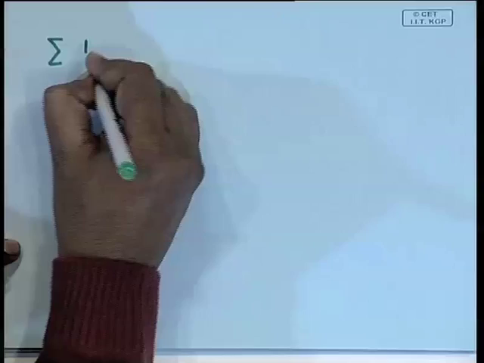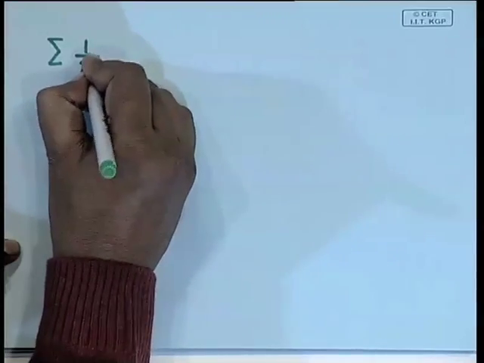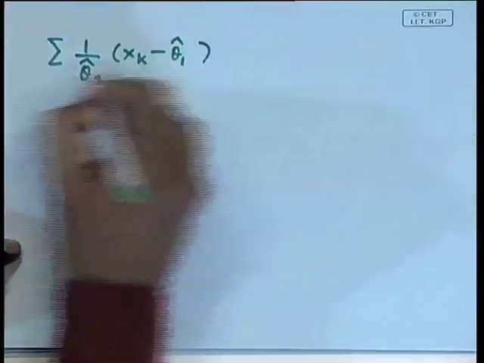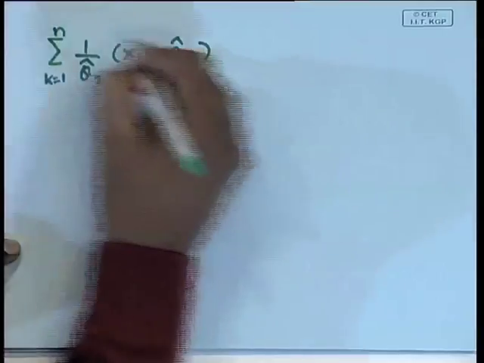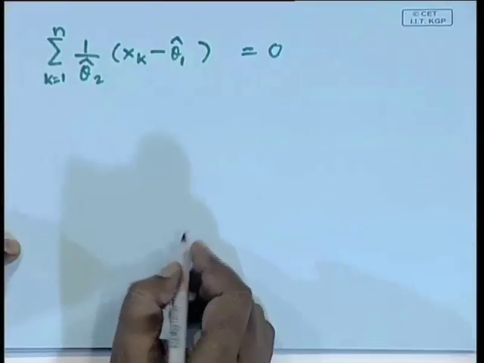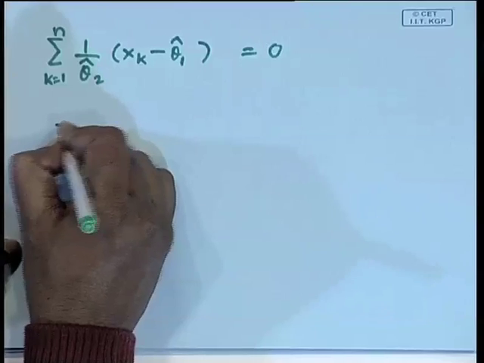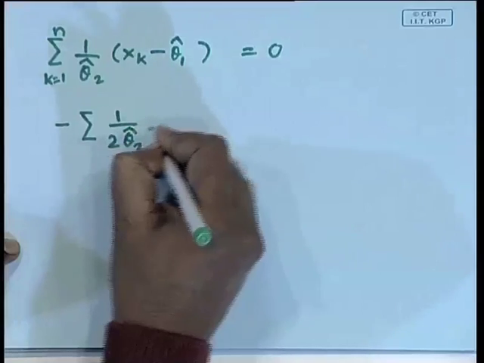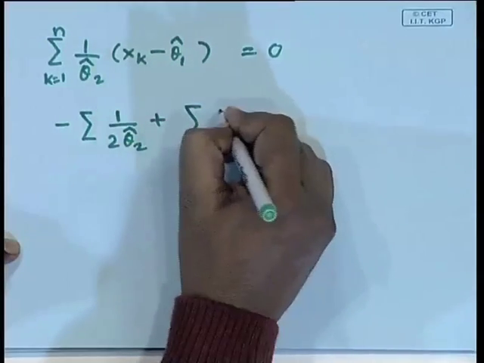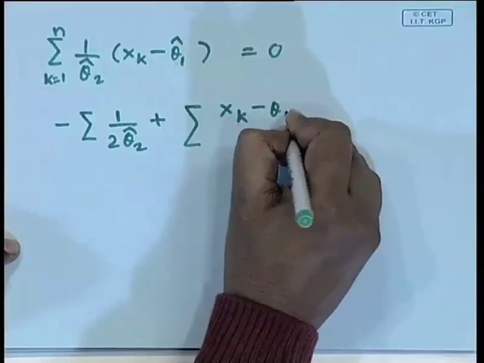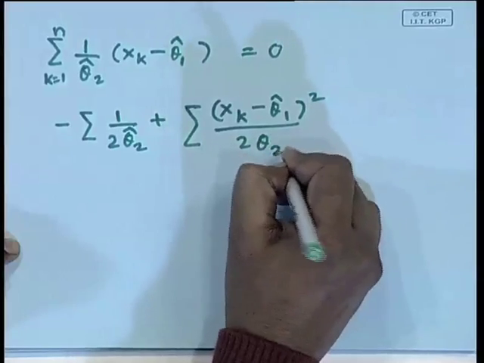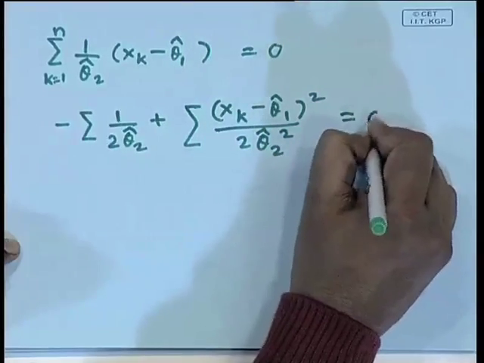So, what I have is summation of 1 upon theta 2 hat into x k minus theta 1 hat, k varying from 1 to n, that should be equal to 0, one equation, and the second equation will be minus summation of 1 upon 2 theta 2 hat plus summation of x k minus theta 1 hat square upon 2 theta 2 hat square. This should be equal to 0.